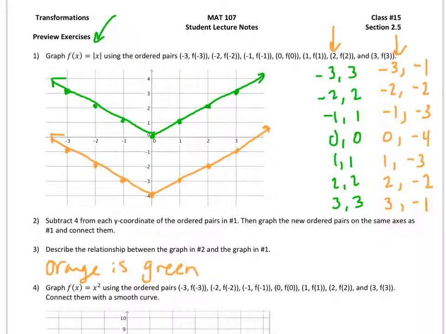It looks exactly like the green, but shifted down 4 units. Okay, and that kind of makes sense because I was subtracting 4, so it makes sense that it would move down from the y coordinates, and y coordinates represent vertical movement, right? So I moved the whole thing down 4 by subtracting 4 from the y's.